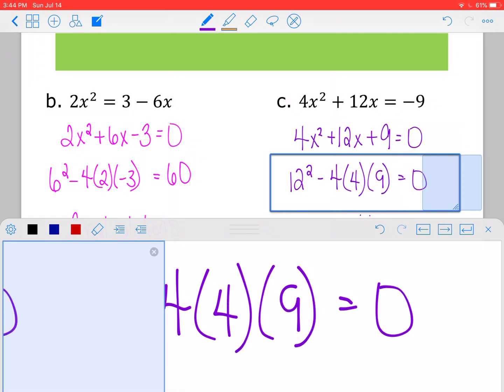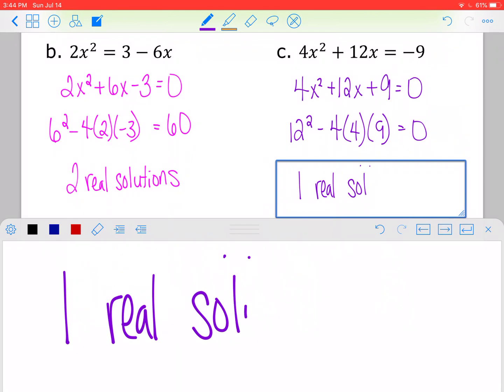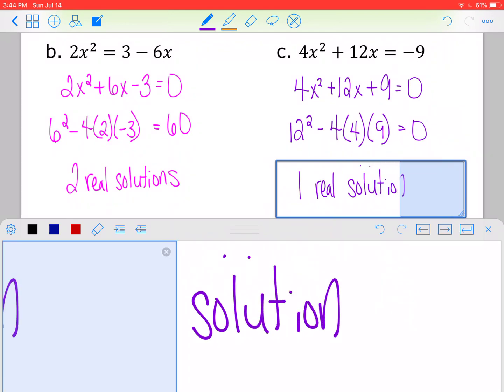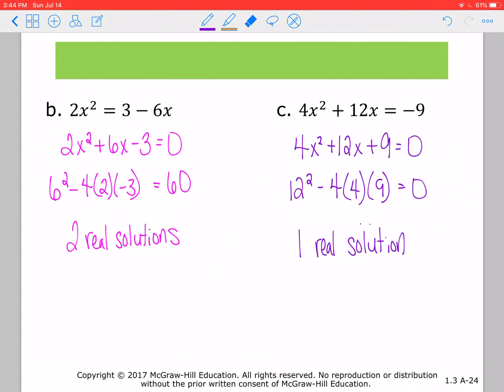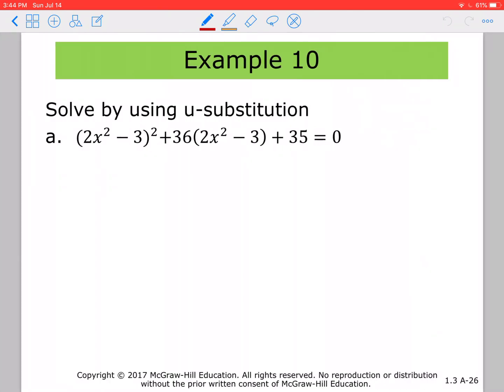Here we're going to introduce something called U-substitution. If you'll see here, in general, we've got something squared plus 36 times something plus 35. So you've got something in the form x squared plus bx plus c.